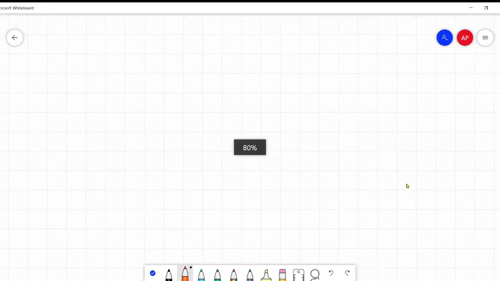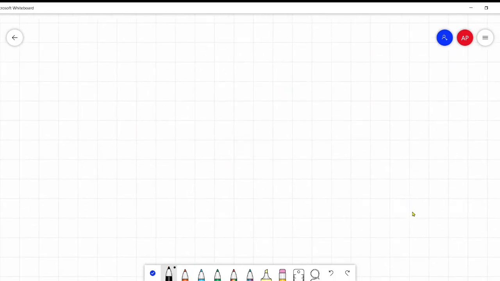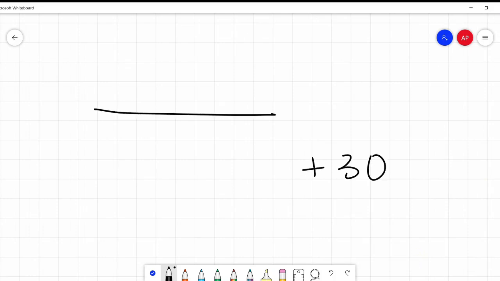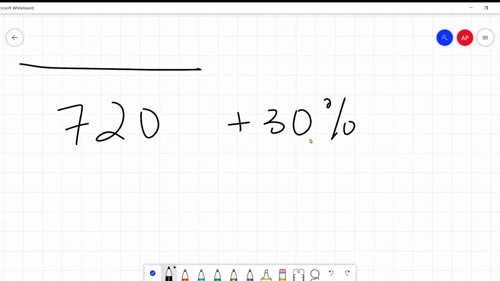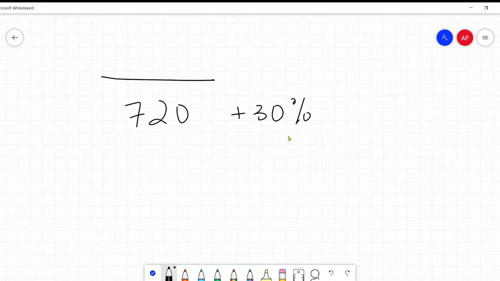This is more infrequent. In fact, I haven't seen any of these samples, but they might say something like, there's this beginning number and then it went up by 30% and it became, like, 720. What was the beginning number? You don't see those as much, but just really quickly, if you do see that, it's the same sort of thing.